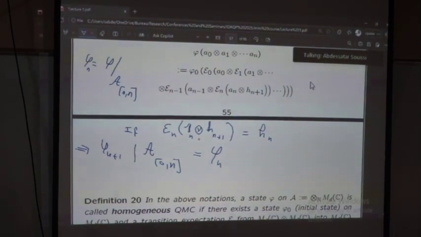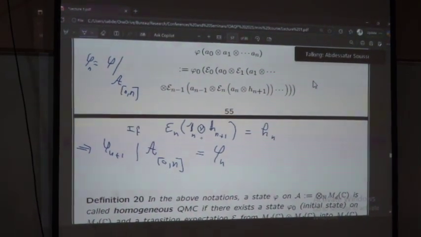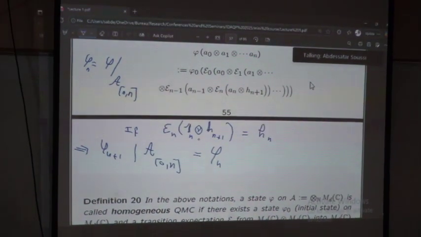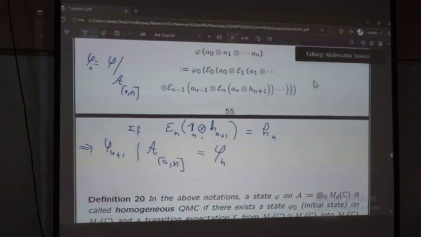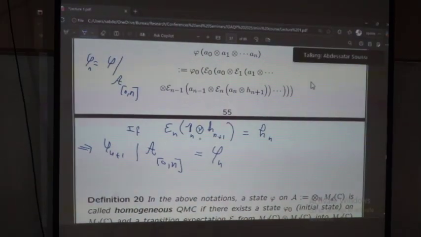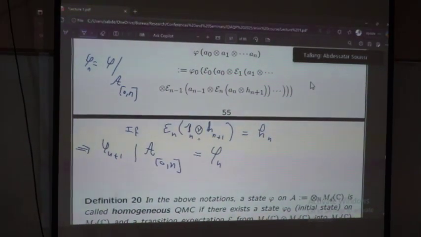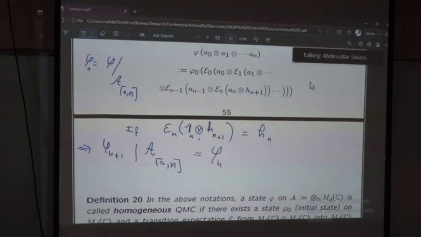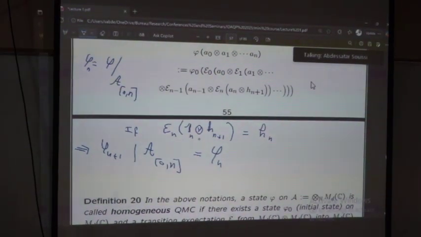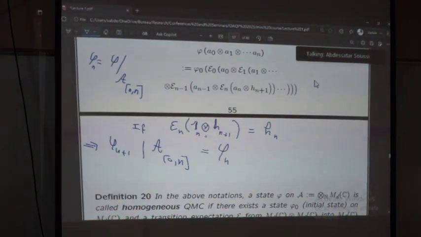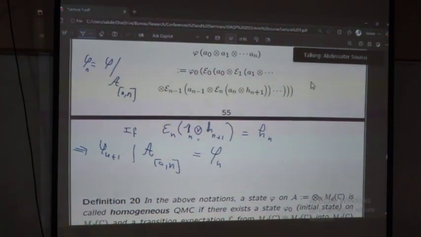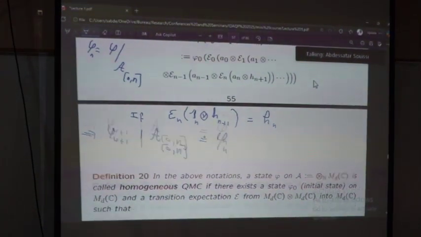There is a unique state on the infinite tensor product algebra that satisfies the restriction over the local algebra. We call this the projective sequence of states. It means any projective sequence of states may lead to the quantum correlations.